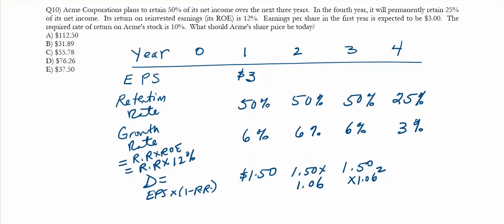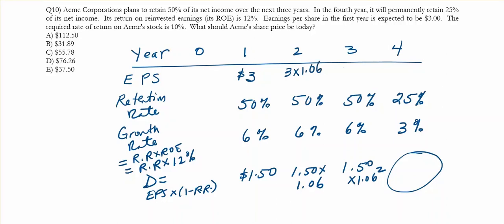Now in the 4th year, 25% of the earnings will be retained, and that means 75% of the earnings will be paid out as a dividend. The difficulty with finding this one off of the previous year's dividend is that we're going to have this change in the retention rate. So I'm going to also fill in the earnings per share. So the dividends and the earnings per share will keep growing at the same rate.